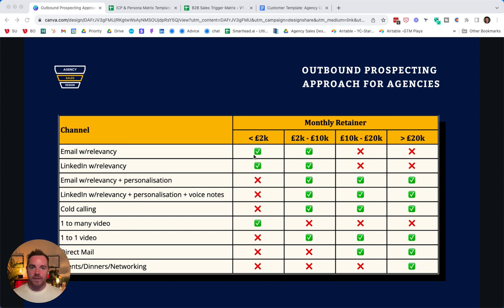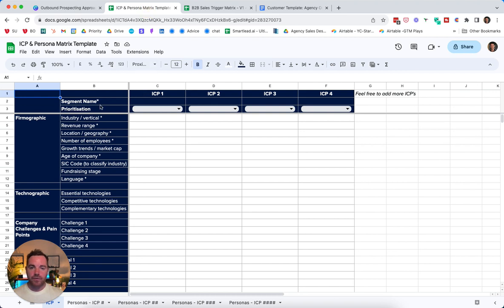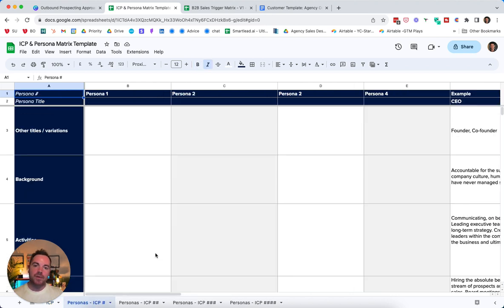Before we get into this table here, it's really important to understand who your ideal customer profiles are and your buyer personas. Here's a matrix that I work through with all of my customers where we go through the different ICPs, so they're the companies that you're trying to target, and then the personas within each of those companies. So it's really important that you fully understand these because that comes into play when you're trying to send relevant messaging.